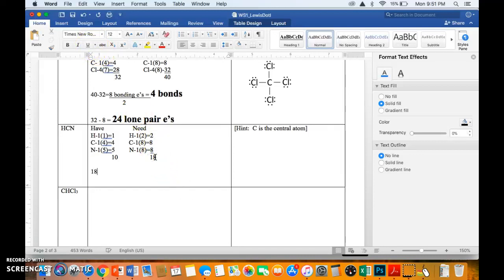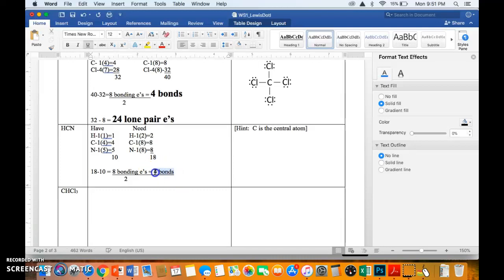Step 3 is need minus have. 18 minus 10 equals 8 bonding electrons. I take that number and divide it by 2 to get my number of bonds. 8 divided by 2 is 4 bonds.